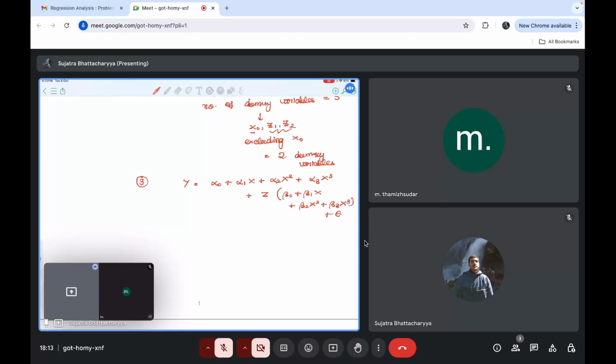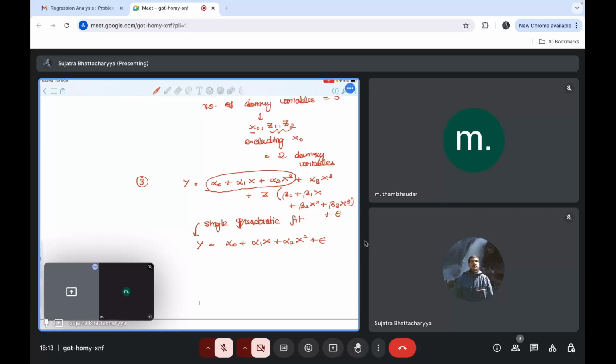Now it has been asked about a single quadratic fit. You have to test for a single quadratic fit. That means only this part has to be there. So a single quadratic fit means y is equal to alpha naught plus alpha 1x plus alpha 2x square plus epsilon. This is the quadratic fit model in general.